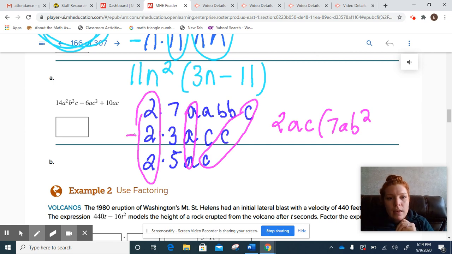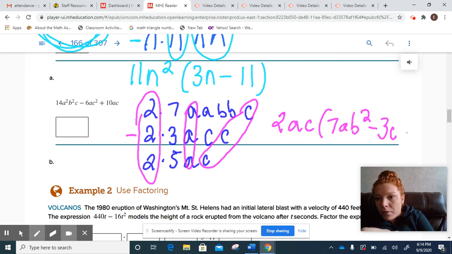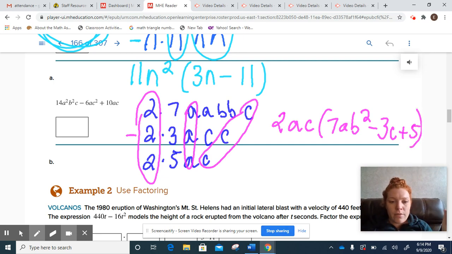Do not forget that negative. The 3 is going to be that negative sign. Okay. It makes it so that when you distribute it back through, it gets a negative back to the beginning. So negative 3, C for the middle, and then 5 for the end, plus 5. Yeah, do not forget that negative, super important.